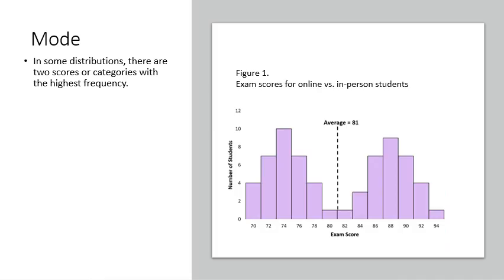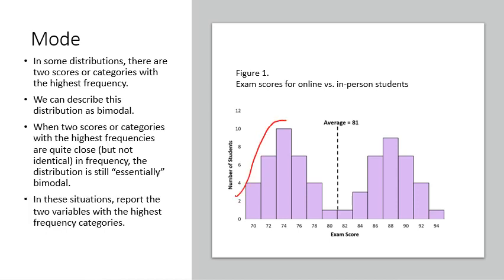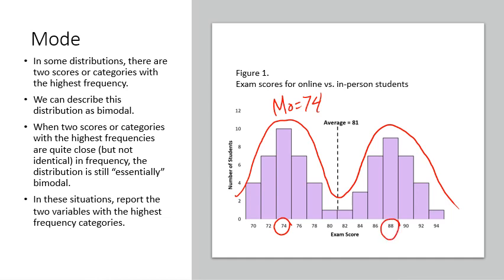In some distributions, there are two scores or categories with the highest frequency. You can see in this distribution that we actually have two peaks. And so in this case, we describe the situation as bimodal. We can say that one mode is 74, and the second mode is around 88.